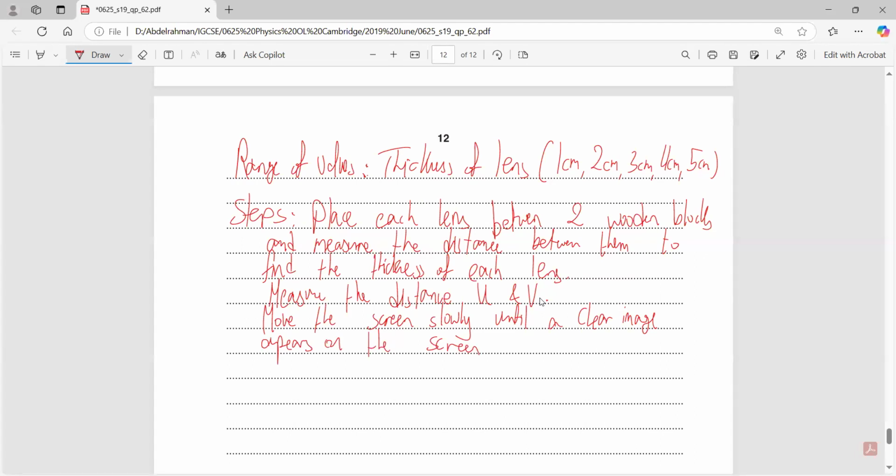Or you can actually say this step before measuring U and V. It is okay. We can move the screen slowly until a clear image appears on the screen, and then measure U and V.